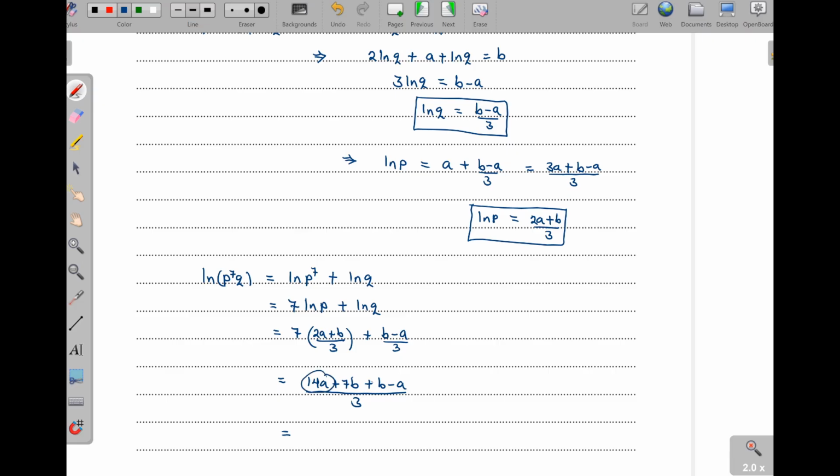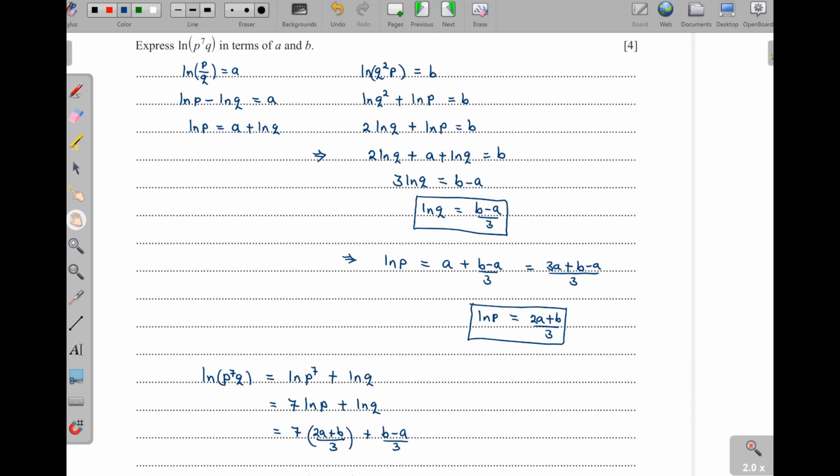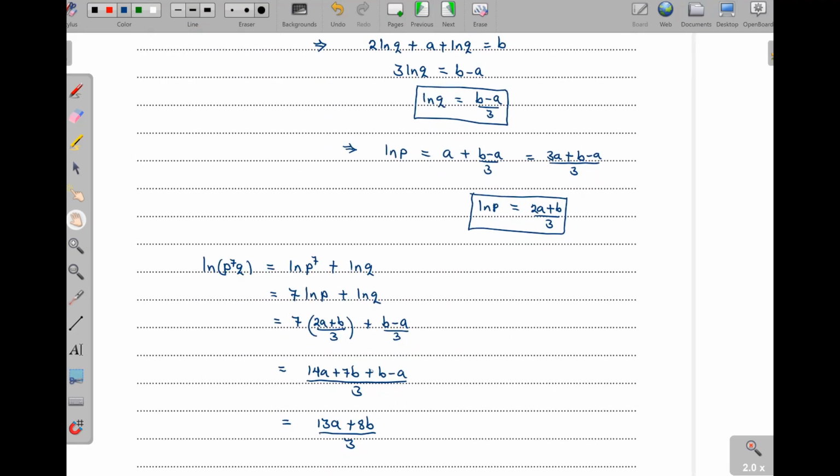That means we have 14 minus a, that gives us 13a. Then here we get 8, not so? So plus 8b, then out of 3. And what did they say in terms of a and b? I think this is therefore our final answer, and that is that.